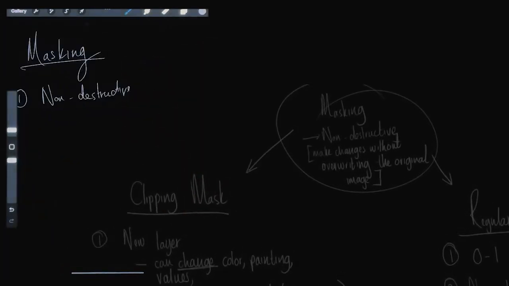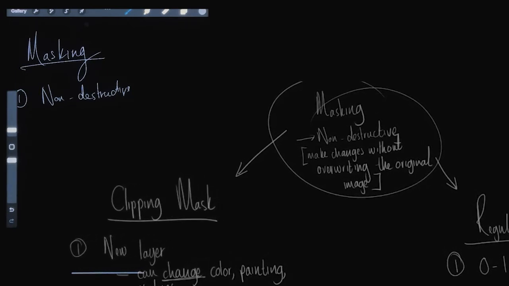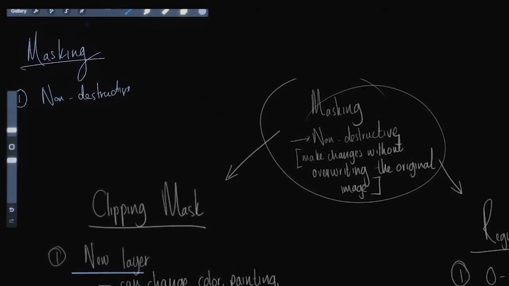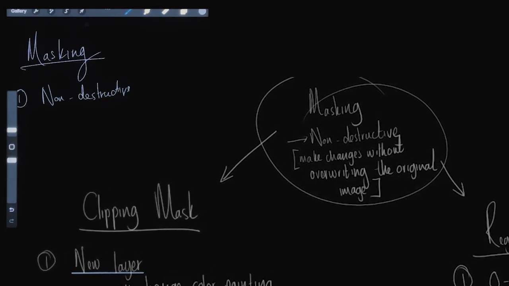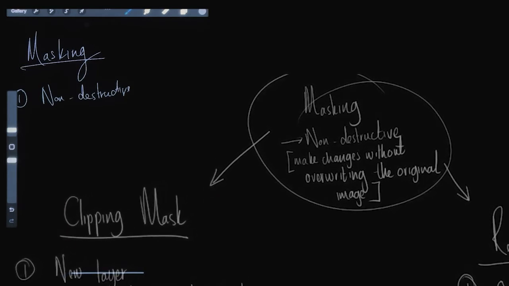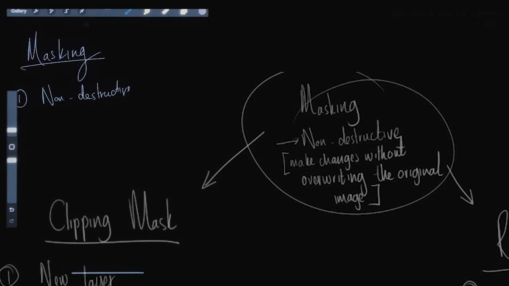What's cool about non-destructive workflows essentially is that if you wanted to come back and change something later, it wouldn't be like re-uploading the same picture and erasing the same way again. Say you're borrowing the face of some woman and putting her face onto a goat, I don't know.